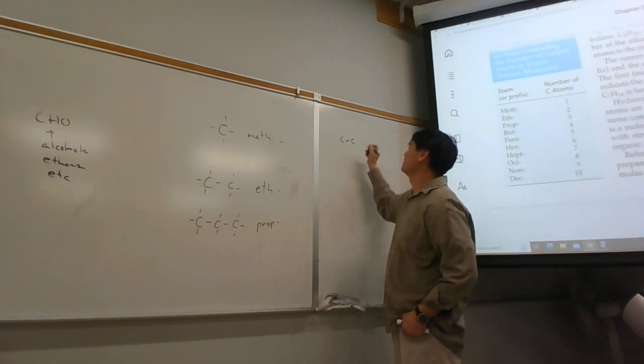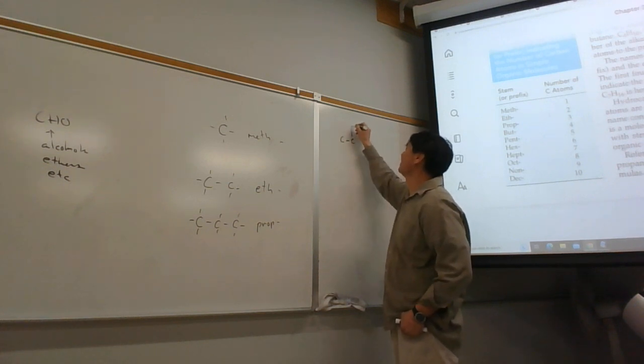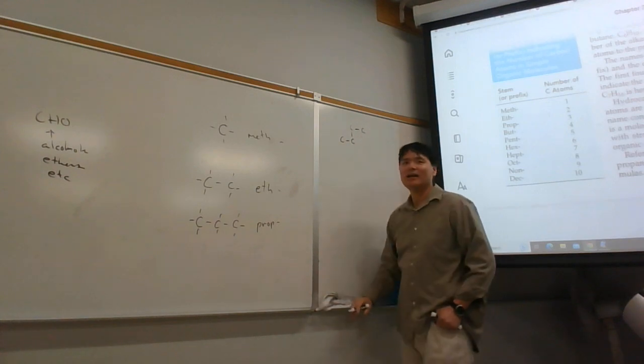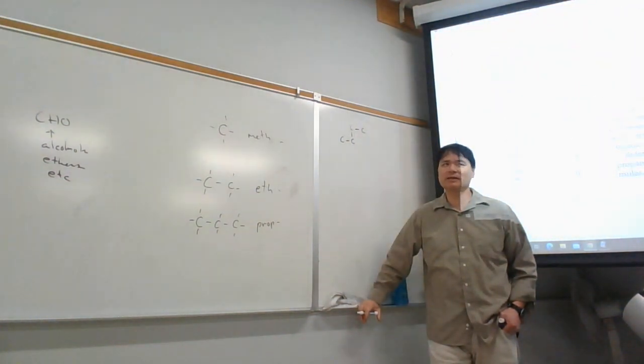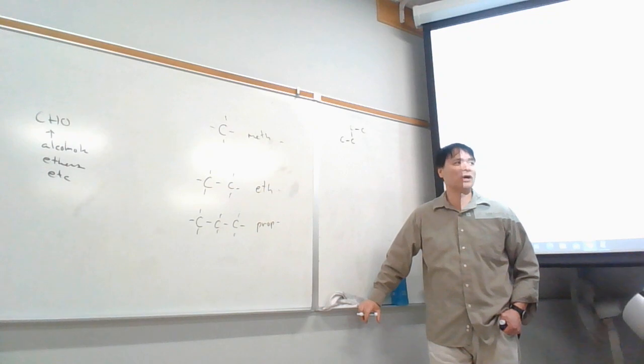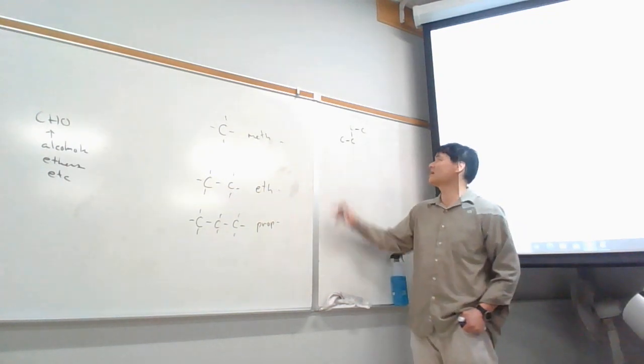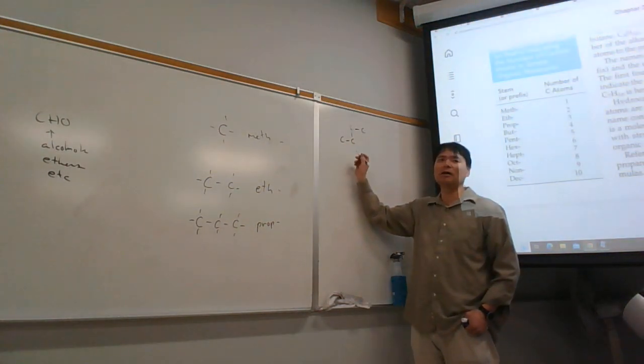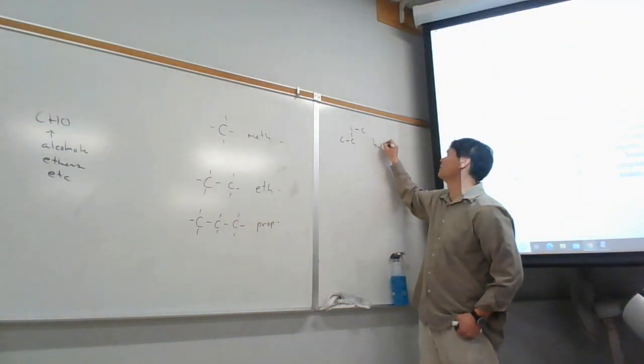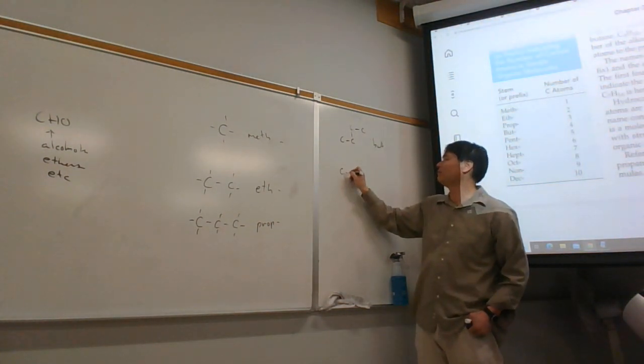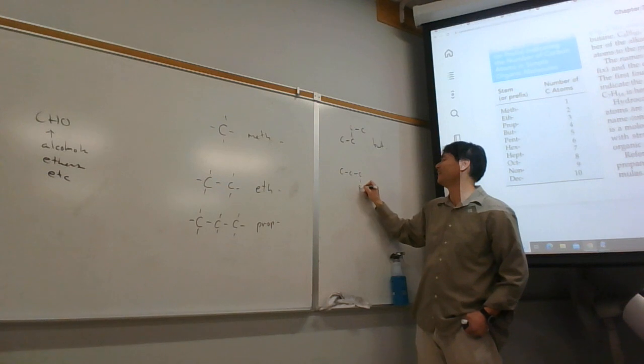If you have four carbons, now the carbons don't have to go in a straight line. The carbons can zigzag like this. That's because when we draw Lewis structures, we don't care about the geometry. We just draw it, right? This has four carbons in the chain. We're going to call it but, and so the parent chain is four. Then five carbons, pent.